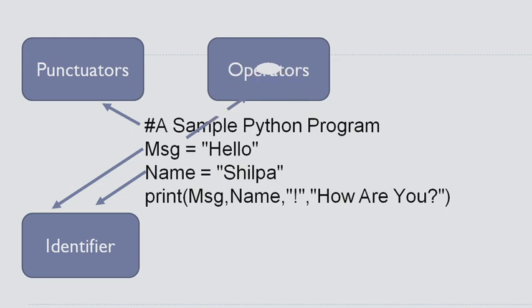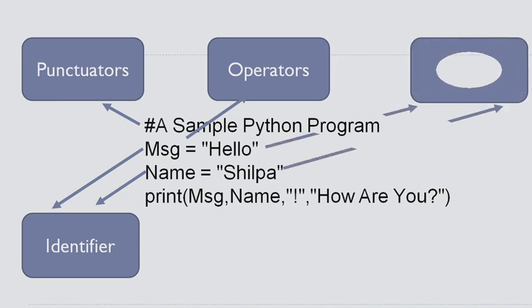Then we have an operator. The equals to sign is an operator. You must have seen it in mathematics also. Now hello and Shilpa are the values which we are going to assign inside the memory. So these are basically constants, and constants are also known as literals here.